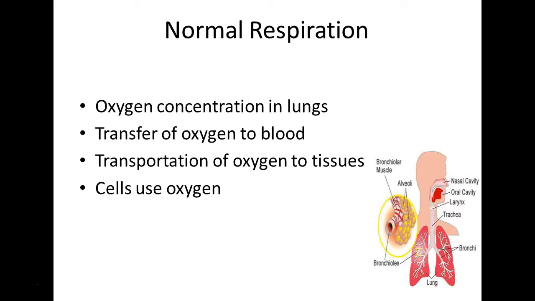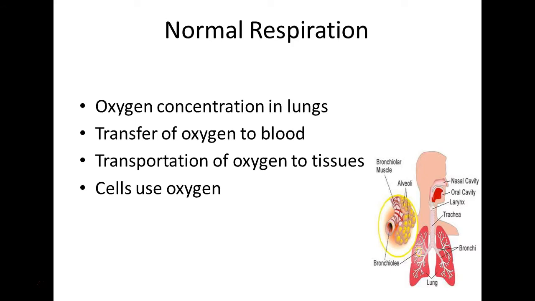The relationship between the concentration or partial pressure of oxygen and hemoglobin saturation is an important relationship. Partial pressure is the individual pressure exerted by a particular gas within a mixture of gases. In other words, the air that we breathe is a mixture of gases: nitrogen, oxygen, and carbon dioxide.